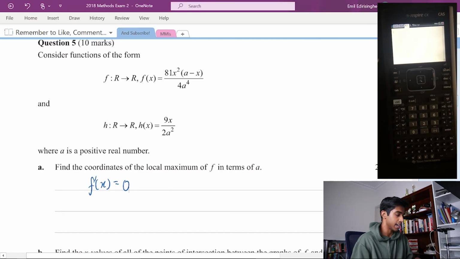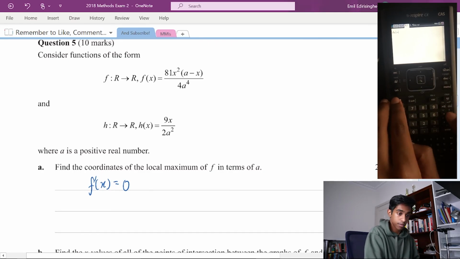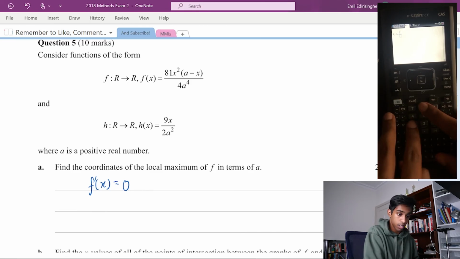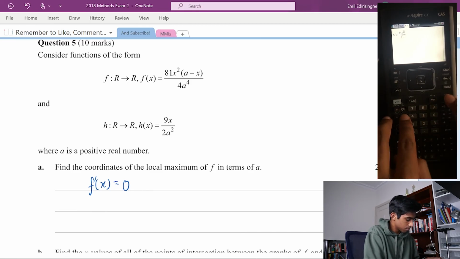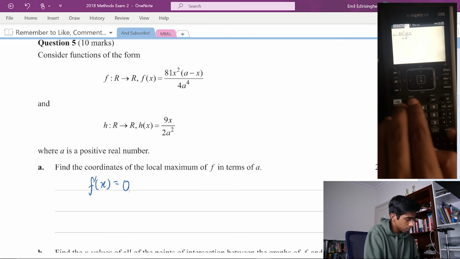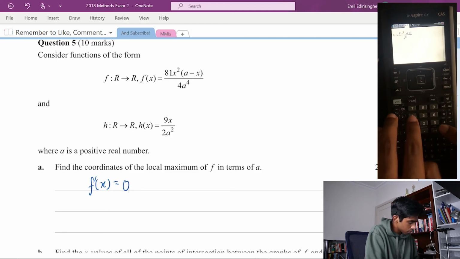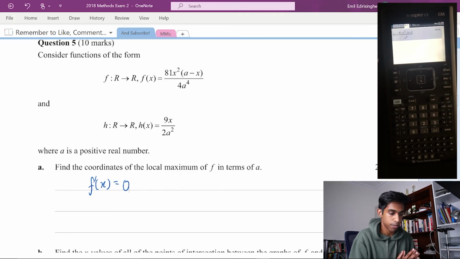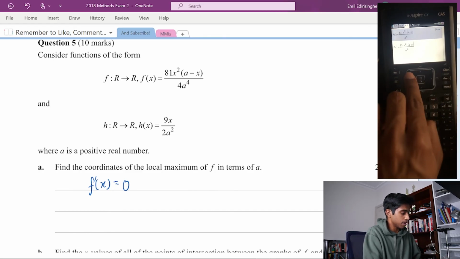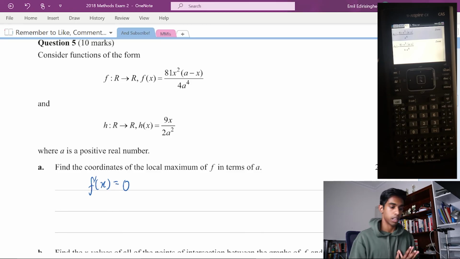And then I'll define this function on my CAS. 4a to the power 4.